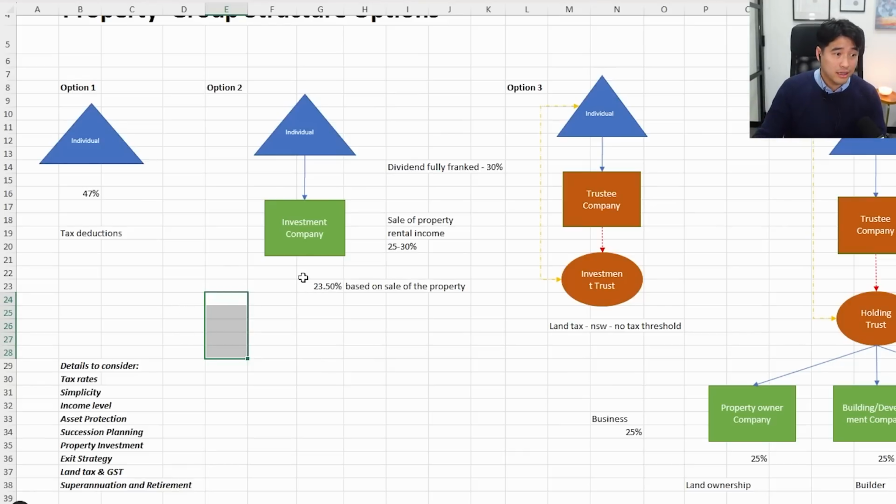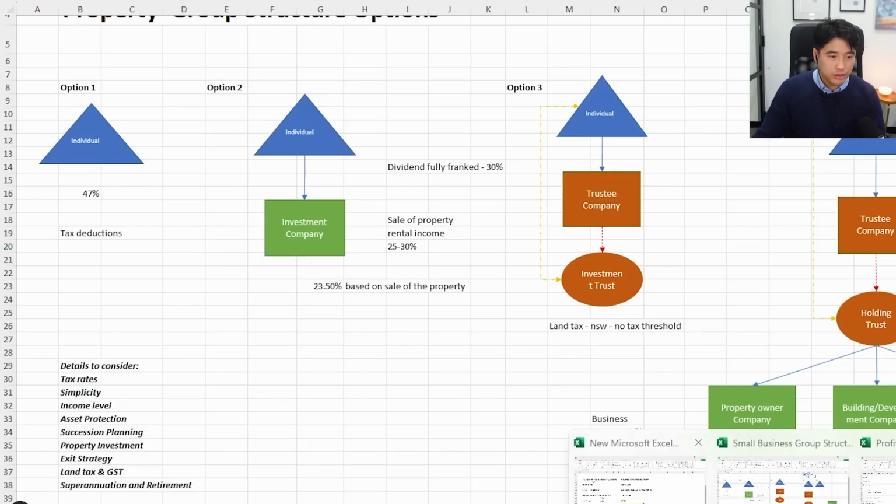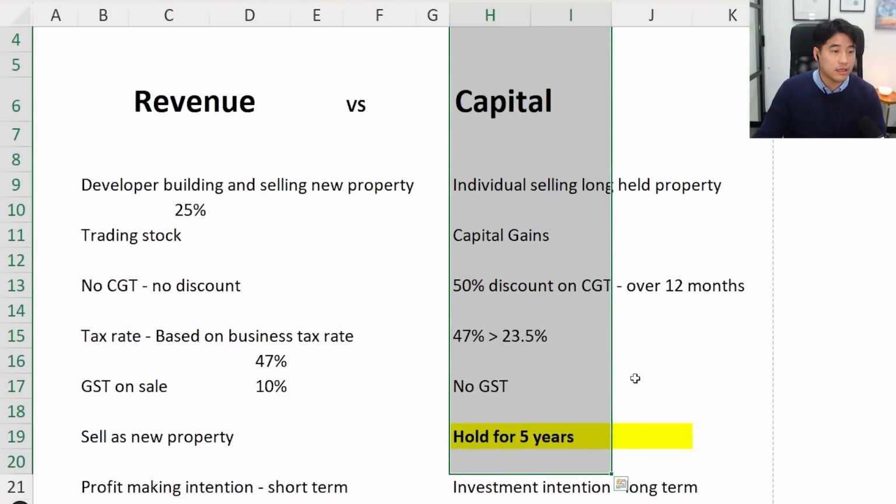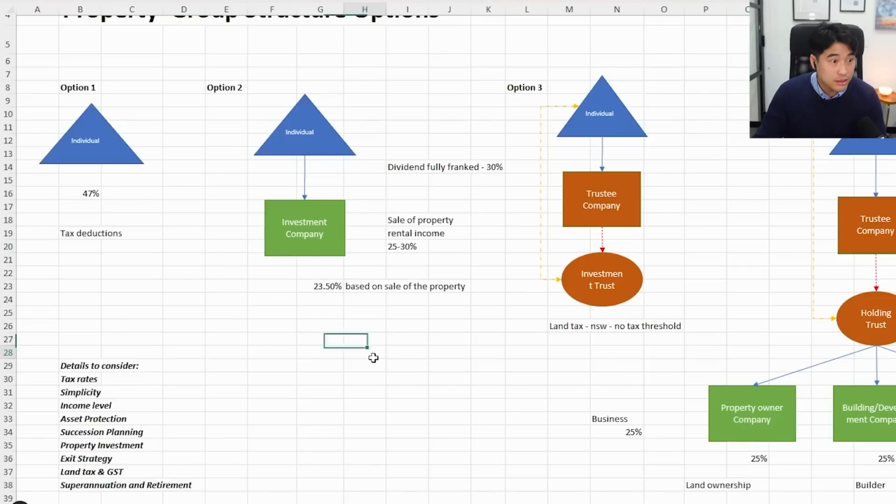Sometimes, depending on your investment, that's why you need to speak to an accountant. If you're not doing property development and your intention is to be an investor, which is your intention is just to rent it out and you're making losses, then sometimes it's actually better to buy in your personal name because your income's so high and you want to tax deduct the losses that you're making and negative gear it.